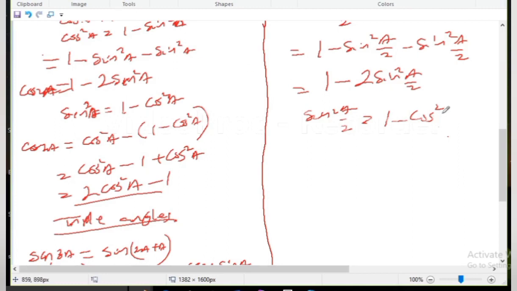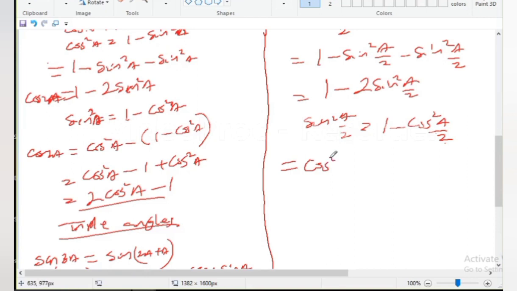So here you have this over 2. Then you replace it there. So it will become cos square A over 2 minus, into bracket, 1 minus cos square A over 2.